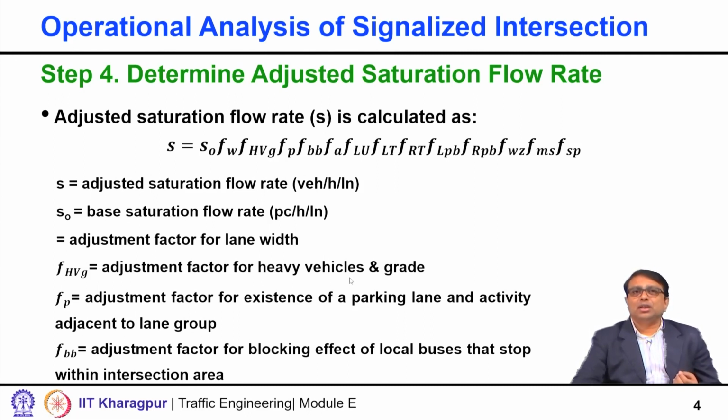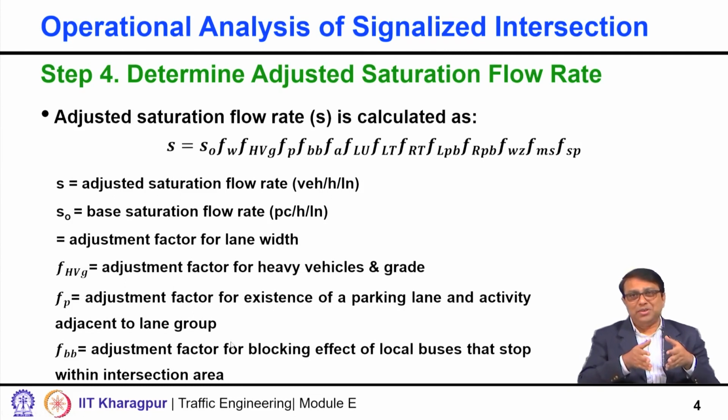Then an adjustment factor with respect to heavy vehicles and grade. Very logically, saturation flow will depend on the percentage of heavy vehicles and also the grade, upgrade or downgrade. Then an adjustment factor due to the existence of a parking lane and activity adjacent to the lane group.